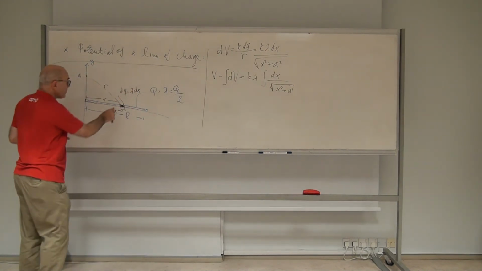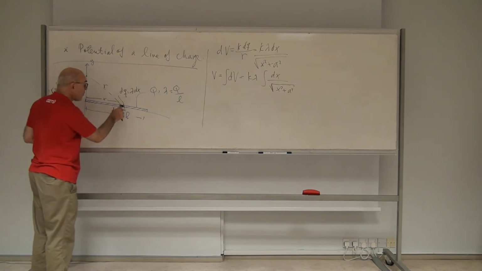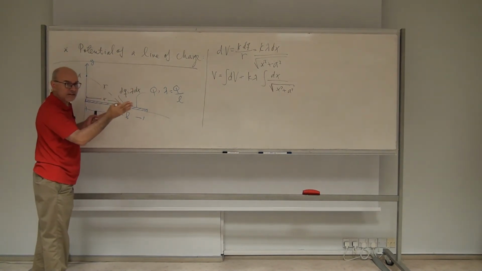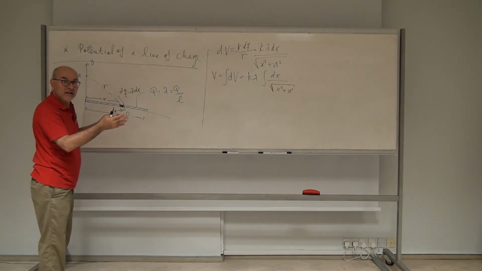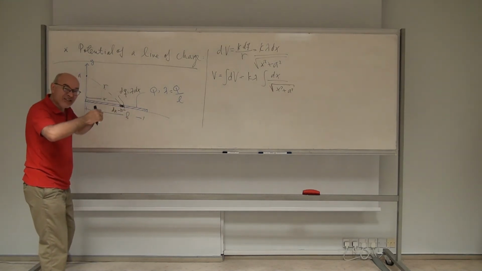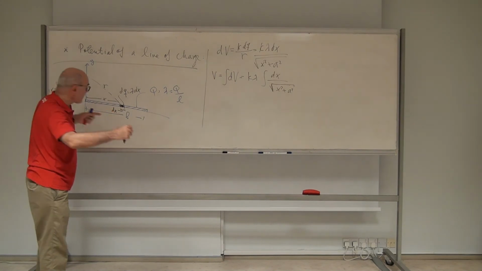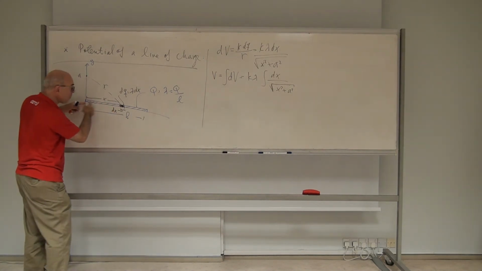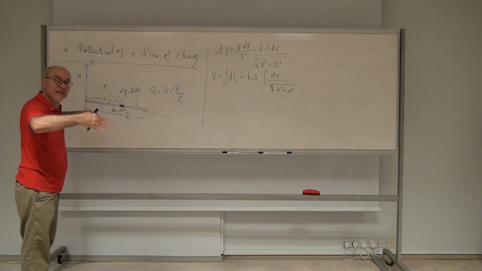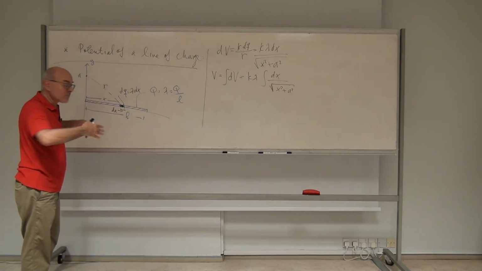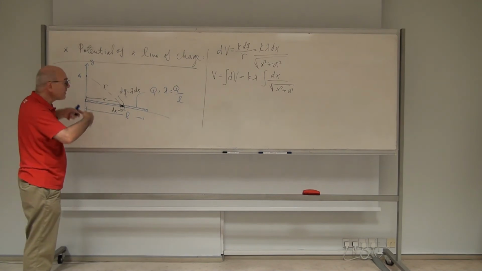And now what remains is to identify the limits of your integration. The integration variable is evidently x. So x varies from where to where over the charge distribution? Evidently x varies from 0 to L. This is the range of x that is occupied by the charge.